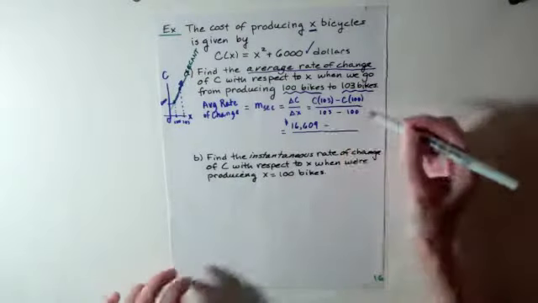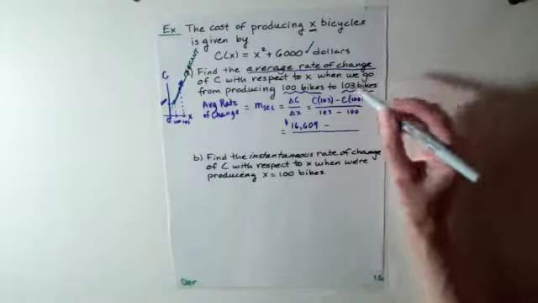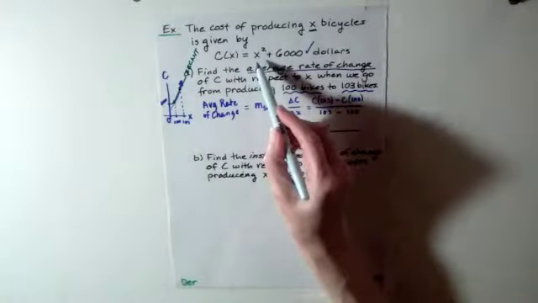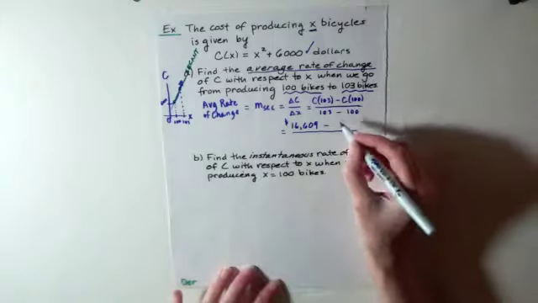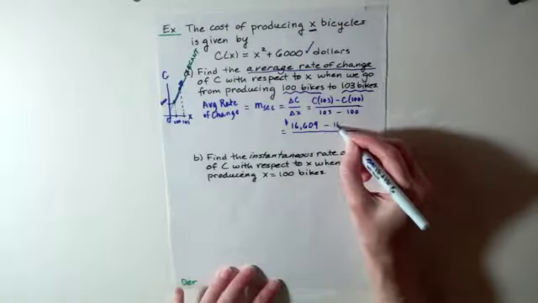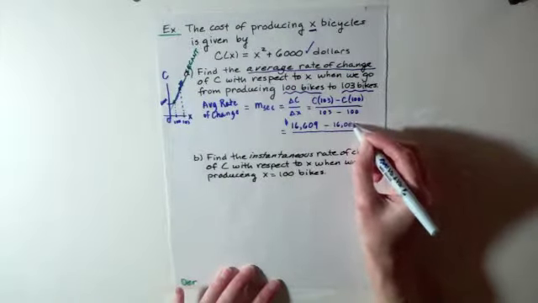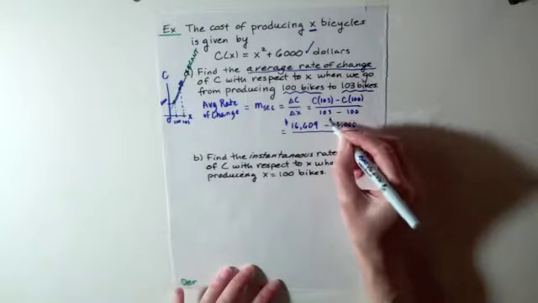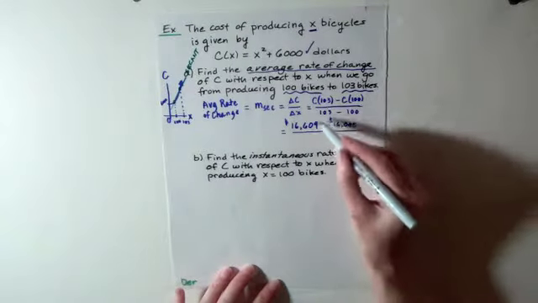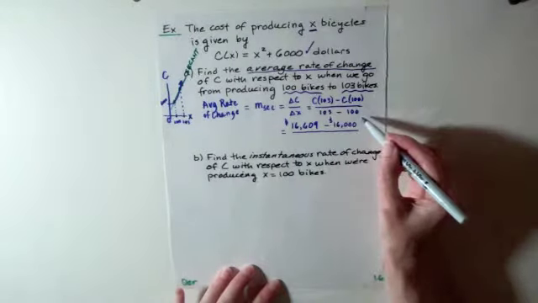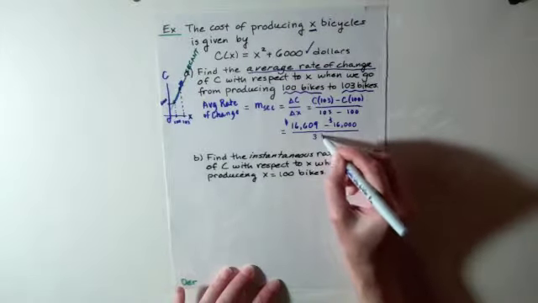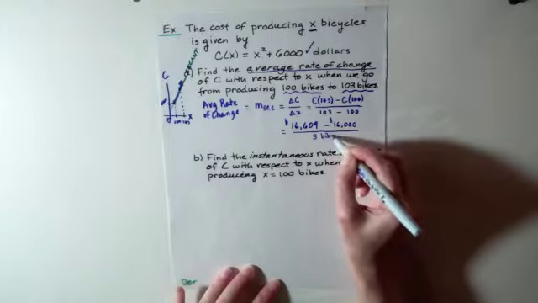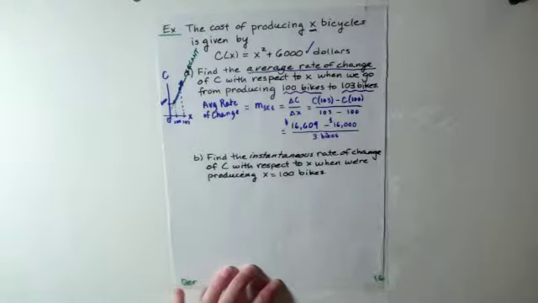I subtract the cost of producing 100 bikes. That just means I put 100 in for x, so I do 100 squared and add 6,000. That would end up giving me $16,000. And then I divide by 103 minus 100, that's the number of bikes, so that would be 3 bikes, by the units in the denominator.